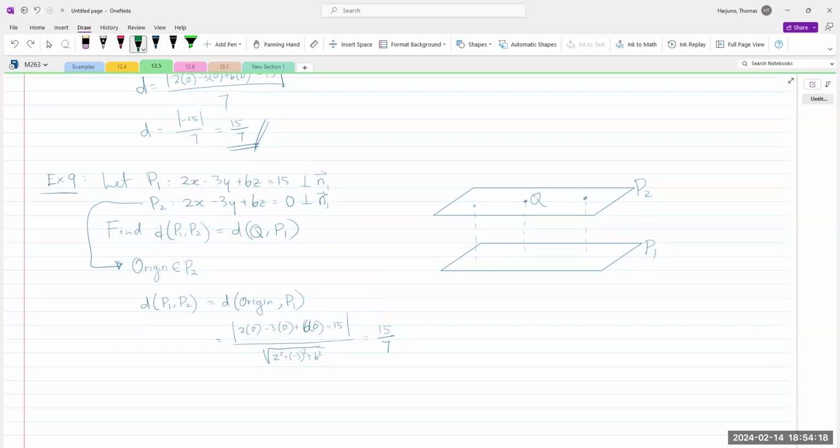Suppose what we do instead is example 9b. Suppose our plane 1 is x plus 3y minus 5z equals 7, and then plane 2 is negative 2x minus 6y plus 10z equals negative 4.